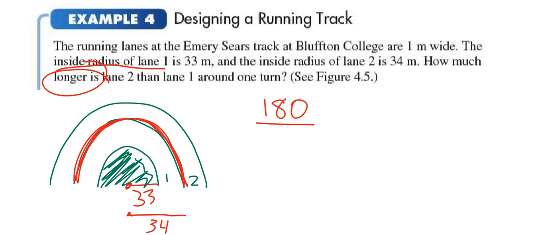Out of how many? 360. Ah, the total is 360, that's true. Times 2 times pi times 34, right? You probably need to do the same exact thing to the other one and then subtract them and tell me what you get.